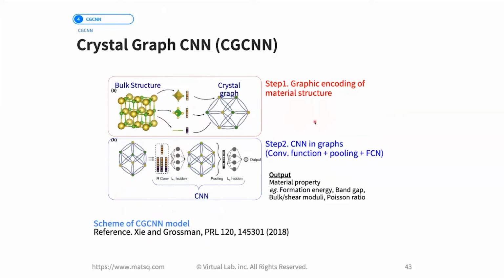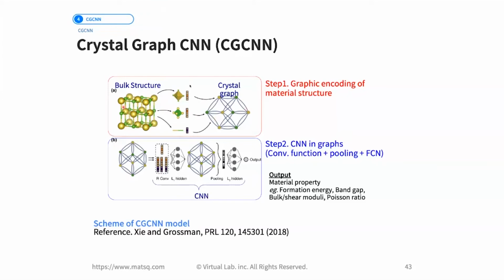So let's introduce CGCNN, crystal graph CNN, which is the most successful application of GNN. It is a method to predict in the forward direction from the material structure to physical properties. It consists of two parts. The first part is where the structure of the bulk is entered, like this structure is entered here, and then changed into a crystal graph.